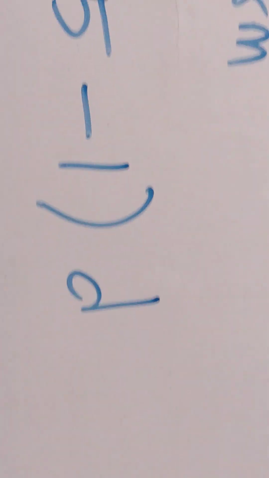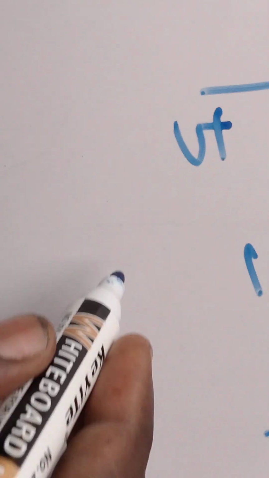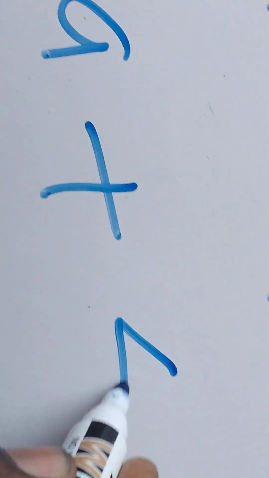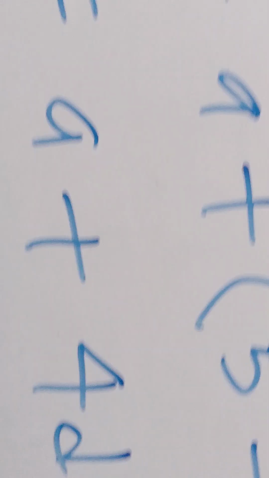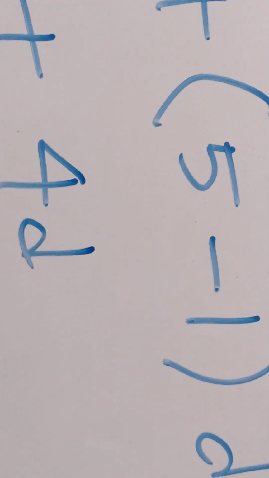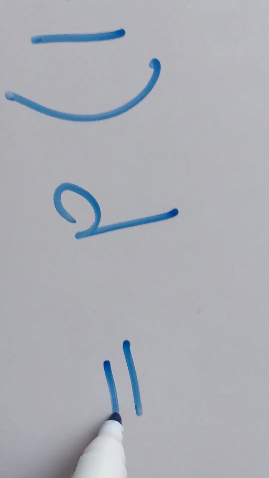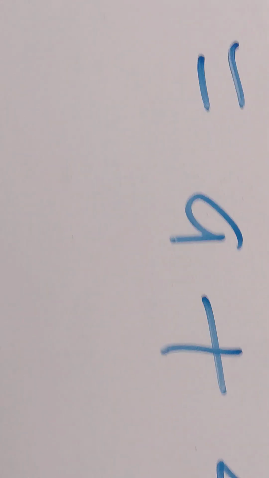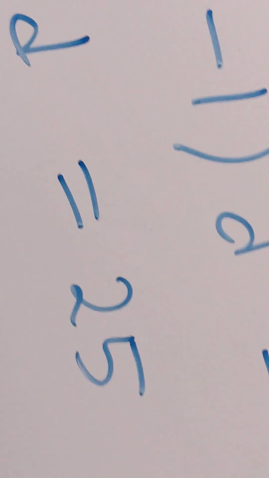And 5 minus 1 gives you 4, so we have a plus 4d. However, the fifth term is equal to 25, so a plus 4d equals 25.